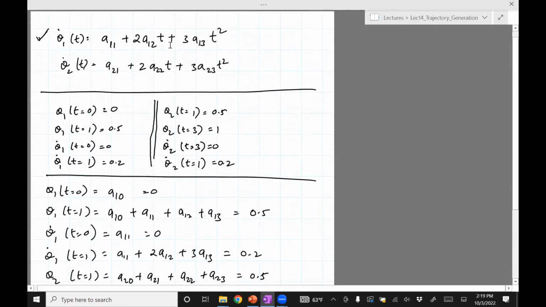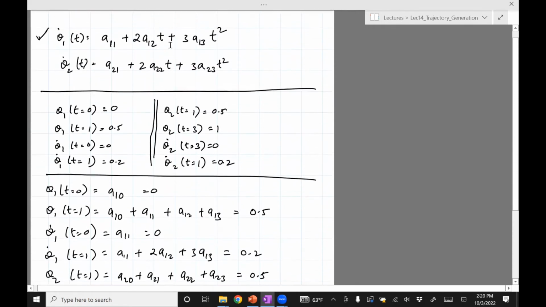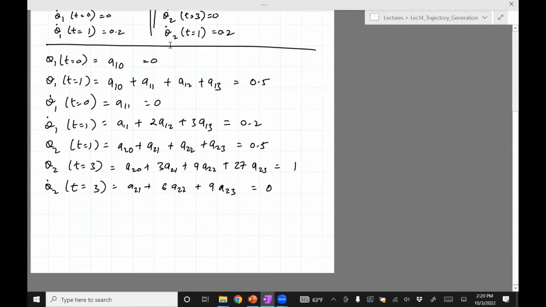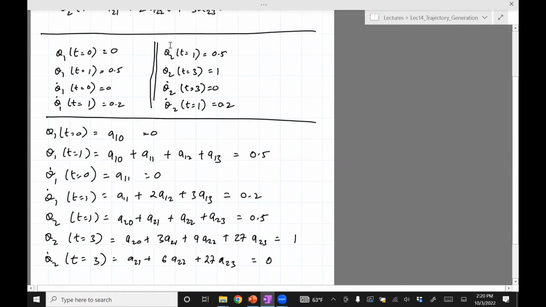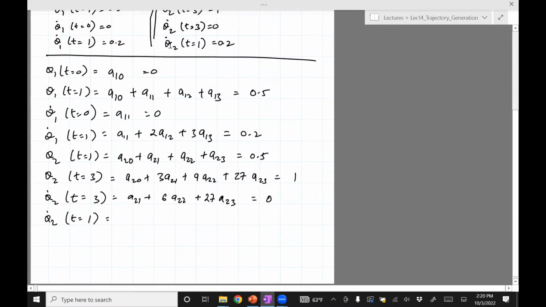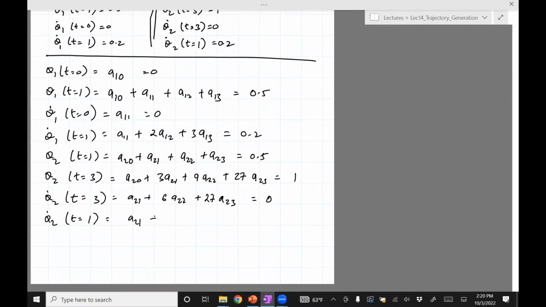Then theta 2 dot at t equals 1 equals a21 plus 2a22 plus 3a23 equals 0.2.